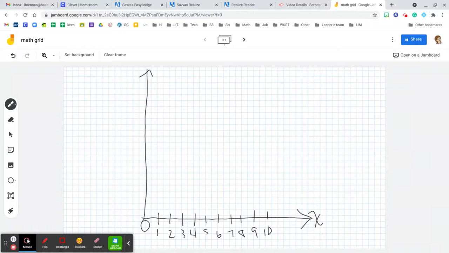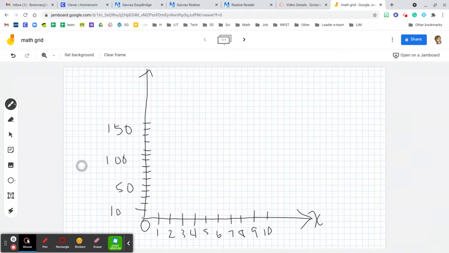Let's see, how about if I count by 10s: 10, 20, 30, 40, 50, 60, 70, 80, 90, 100, 110, 120, 130, 140, 150. Very messy looking, I know.